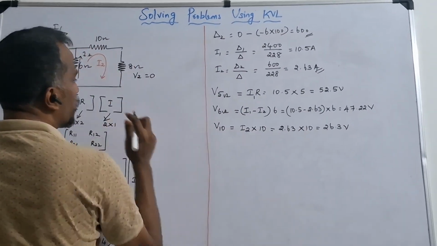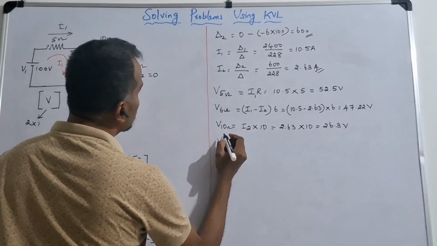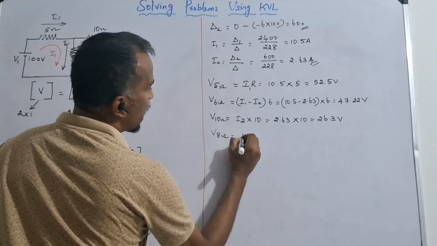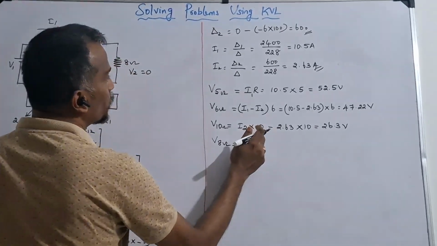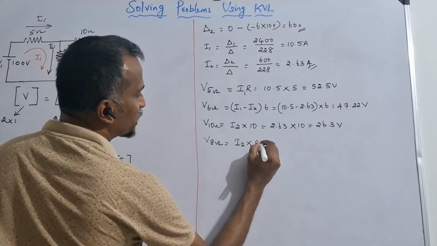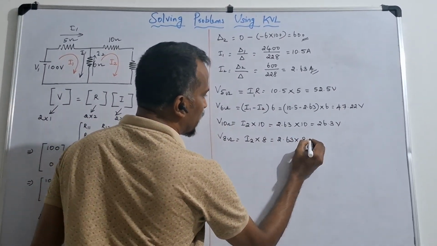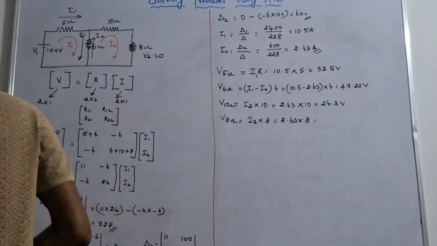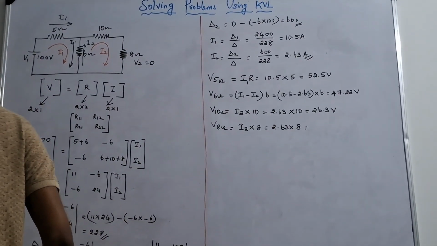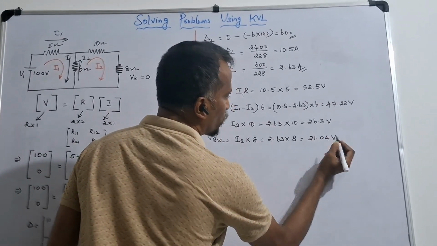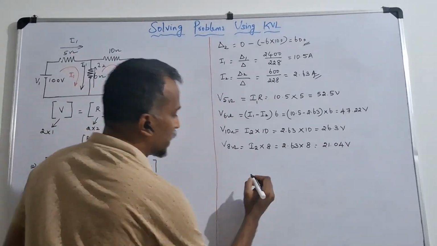Then finally the voltage across the 8 ohm resistance is I2 into 8 ohm, 2.63 into 8, and the final value will be 21.04 volt.